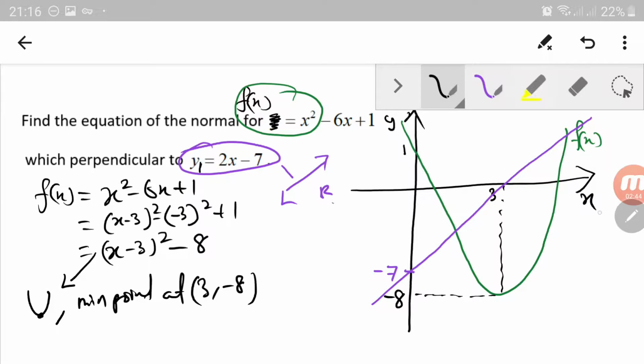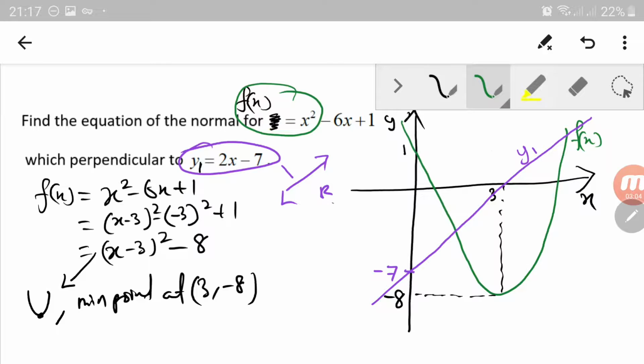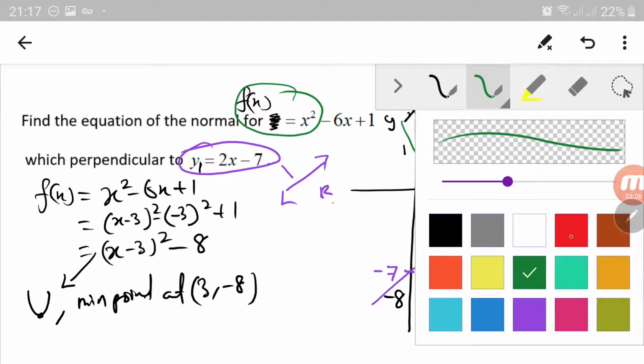So this is y1. Now the line that is normal to that, which is perpendicular to this purple line, is red.